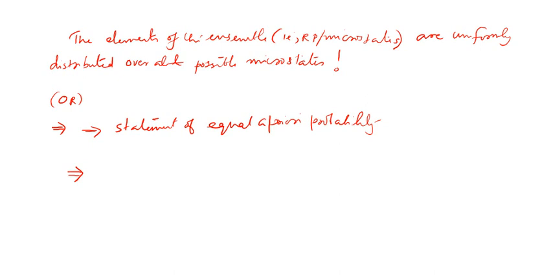Once again, just before we conclude the session, recall what Liouville's theorem is. The theorem states that the local density of representative points as observed by an observer moving with a representative point remains constant in time, or put in other words, a swarm of representative points moves in the phase space in the same manner as an incompressible fluid moves in physical space. Think on it more. Thank you.